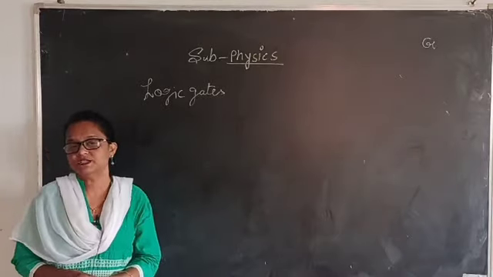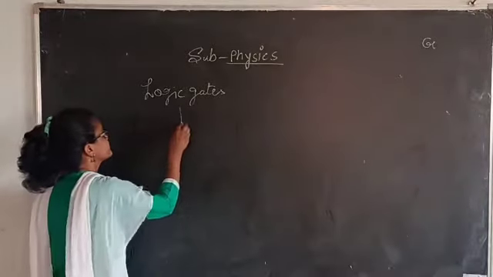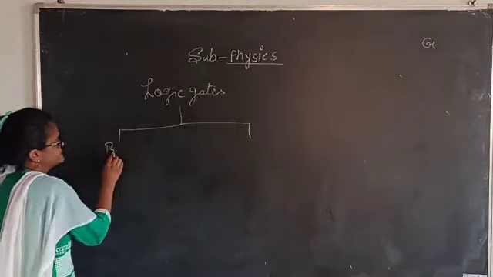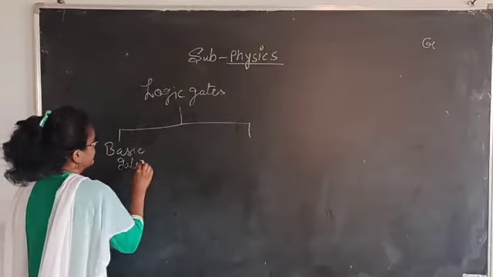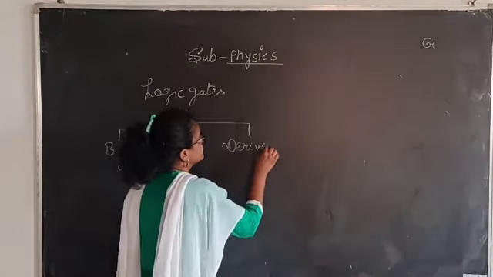So logic gates are divided into two parts. One is basic gates and another is derived gates.